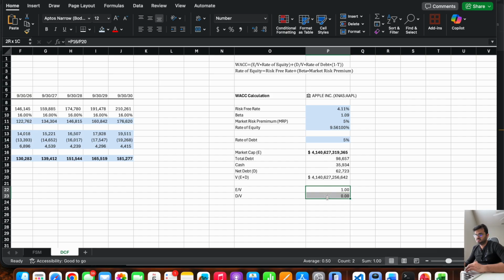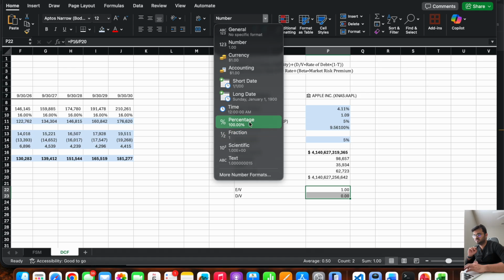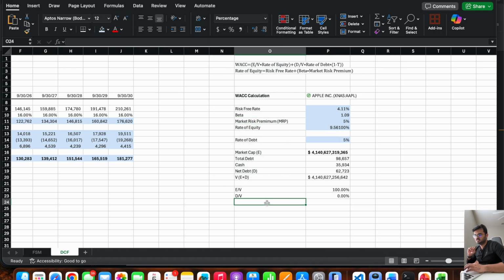Let me have these two as a percentage, because the rate of equity and everything is in percent, so I will convert this into a percentage. Even though this is 0 percent, there will be some value to it if we increase the decimals. It's very minimal. That's the debt they have in comparison to their market value.